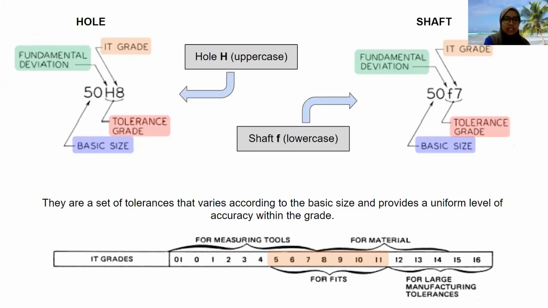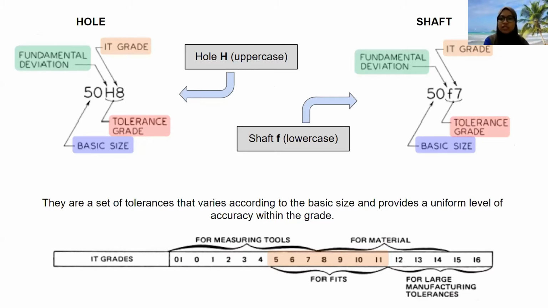The H represents the hole, or the fundamental deviation, and the 8 at the back is the IT grade. The hole H is uppercase, and the shaft f is lowercase.